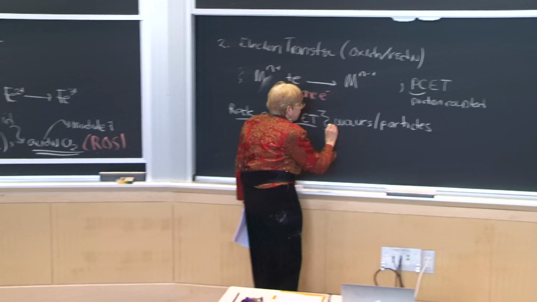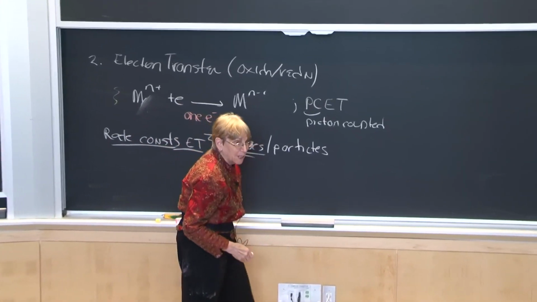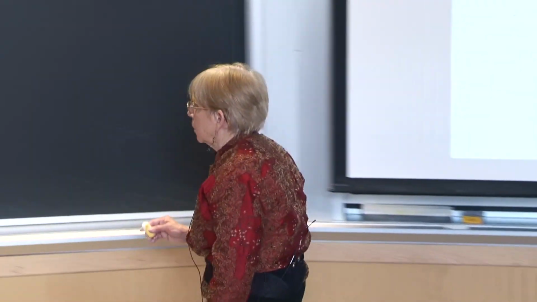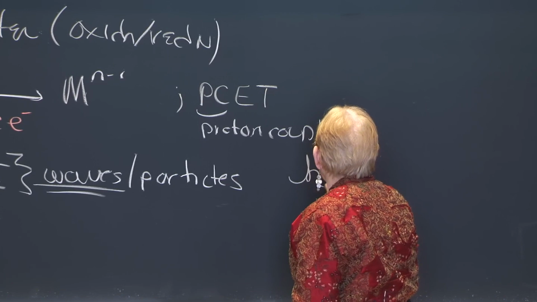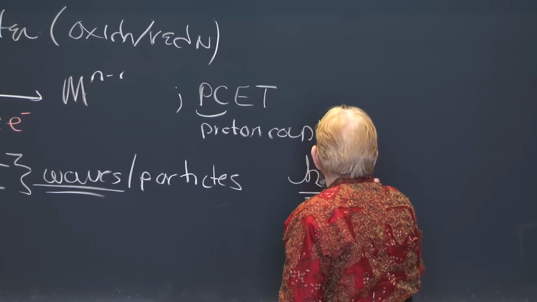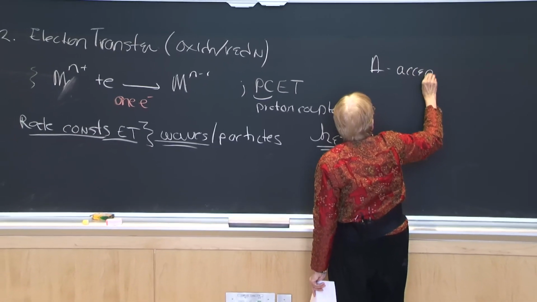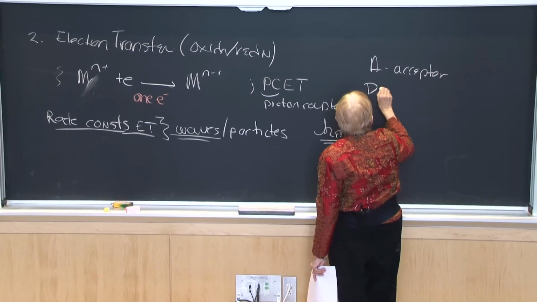When things behave as waves, they can function quantum mechanically, and we have an expression called the Marcus equation, which allows us to calculate the rate constants. So we have a rate constant for electron transfer, and if we have some acceptor and some donor, all we're doing is redox chemistry.